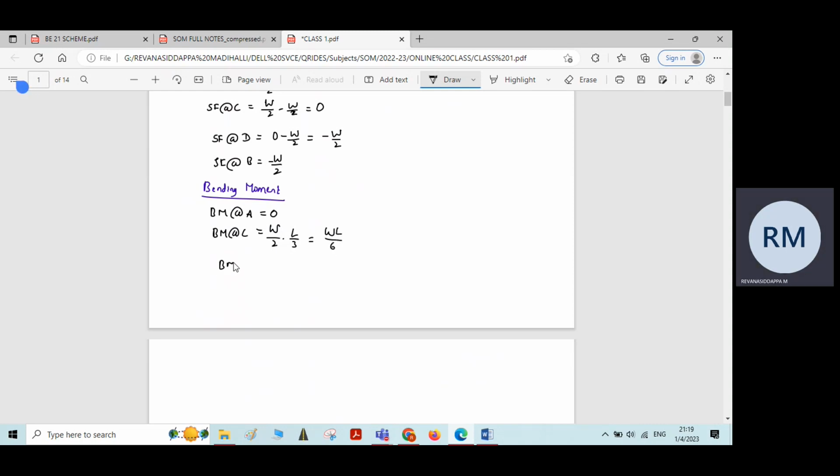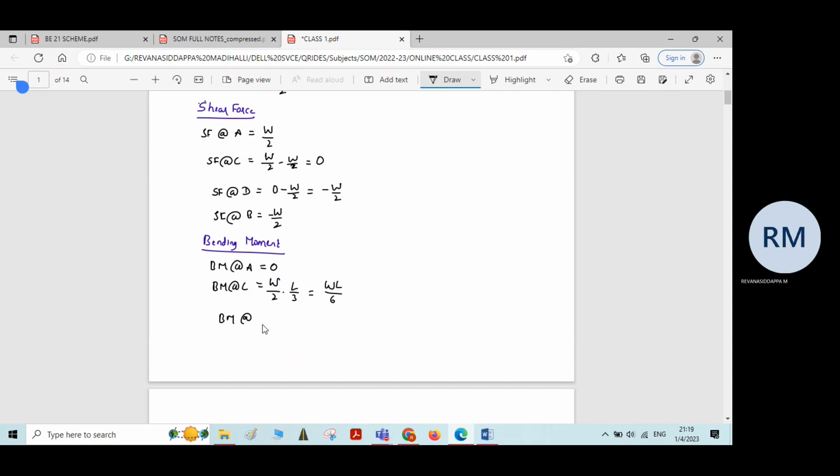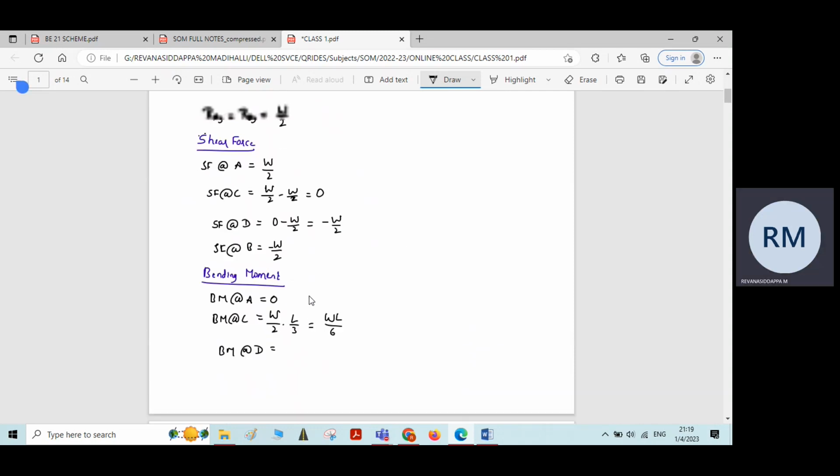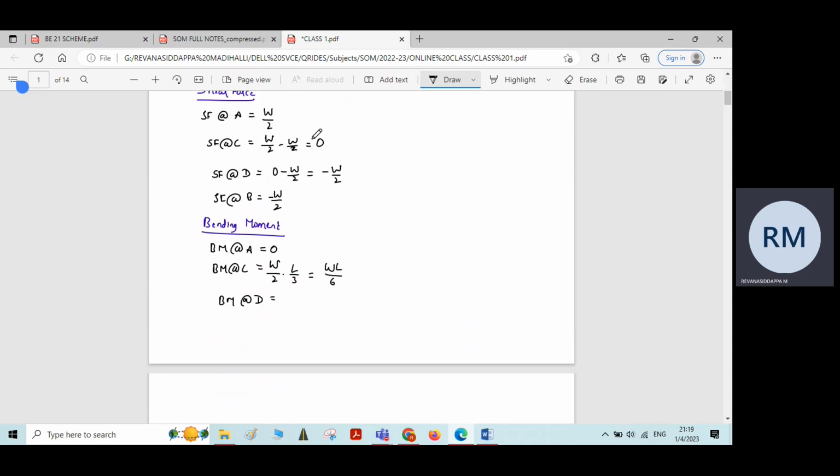And bending moment at next point D is equal to, you find bending moment of reaction about point D, that is W by 2 into L by 3 plus L by 3.